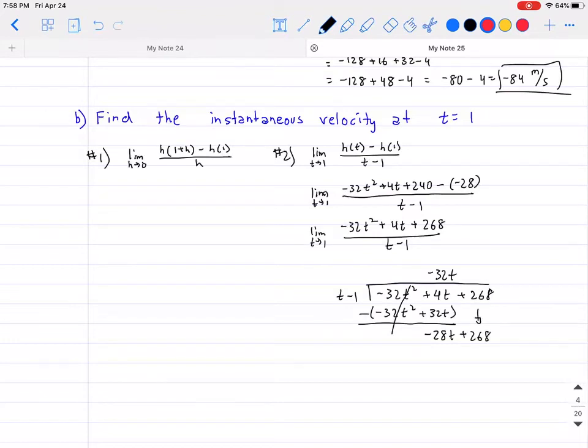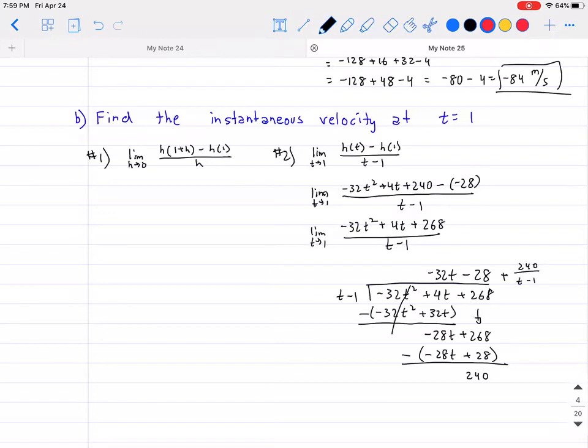This gives me minus 28t. Now bring down the 268. So that's negative 28t, and then plus 28, and all that's subtracted through, so all that is gone. It looks like we're going to get 240.